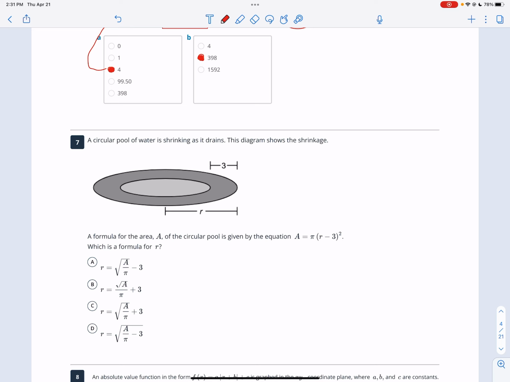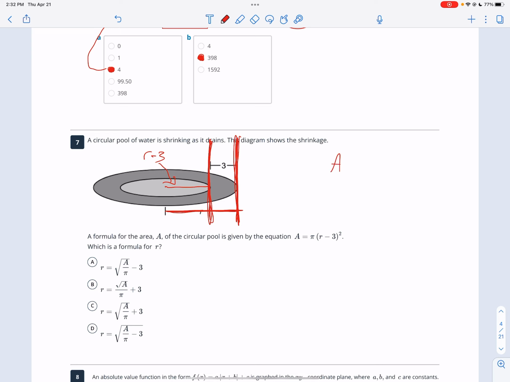But it is nice to know this. They actually got the r minus 3 because they're trying to find this radius right here. And we know that this whole thing is r. And if we subtract off this little chunk right here, that's 3. This part right here is just r minus 3.